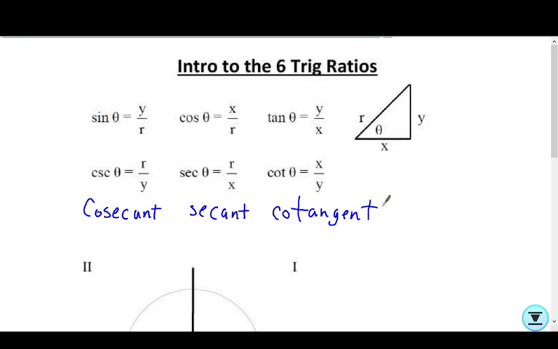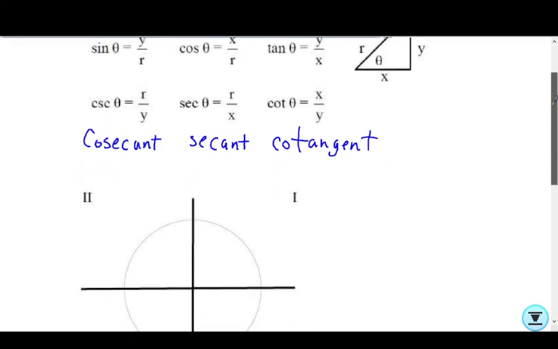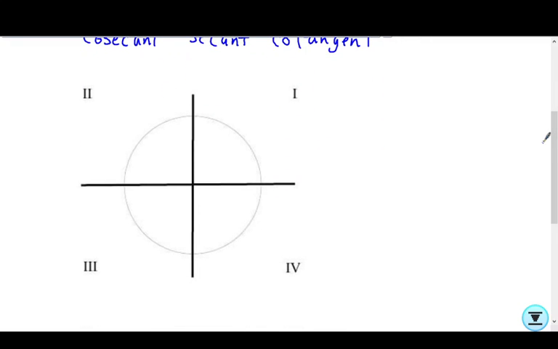Okay? All right. So let's add this to our quadrants. These are the 4 quadrants that we've been dealing with forever and ever, the Cartesian coordinate system. This is your x-axis, this is your y-axis. Now, things that we know. In the first quadrant, all of our points are in the form (x, y).